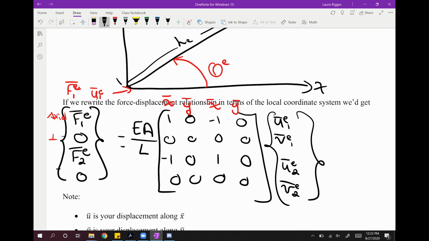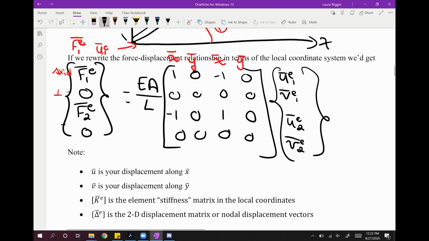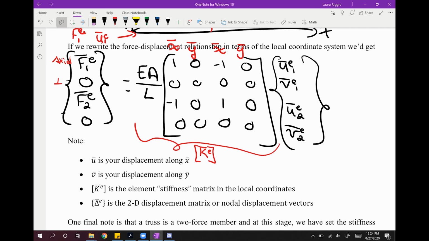So I've expanded our system to no longer be one-dimensional. And again, want to point out, U is our displacement along X bar, V is our displacement along Y bar, and this is KE now. KE bar, technically because it's local, is the element level stiffness matrix, and our displacements over here can be called delta bar.